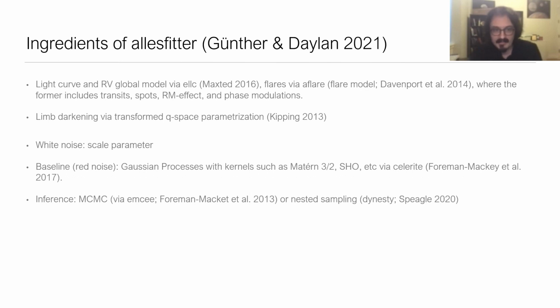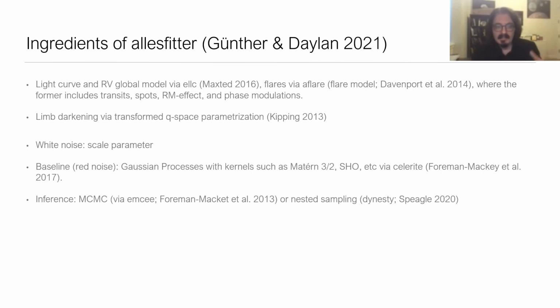White noise is kind of easy. You rescale the noise in the data to adjust and marginalize over. And we also treat red noise, which is essentially a catch-all term that includes all features in the data that are not in your model. That's what we call red noise. And we use Gaussian processes to tackle that.